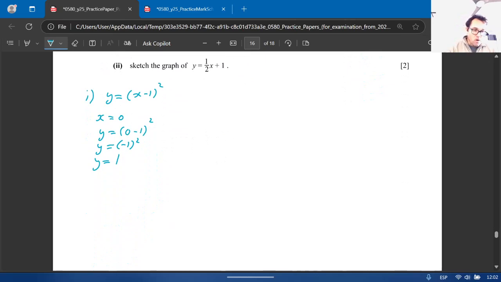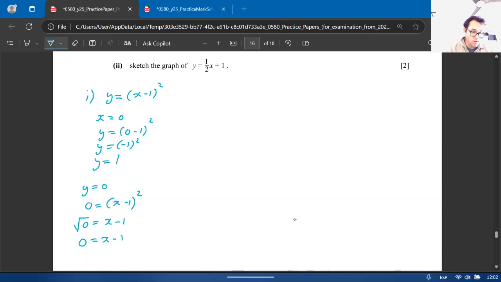And then we make the y 0, which will give us 0 equals x minus 1 squared. There's 2 ways to interpret how we're going to do this. One way is just to say, right, fine, we need to get rid of the square, so we need to do the square root of 0, which is 0.